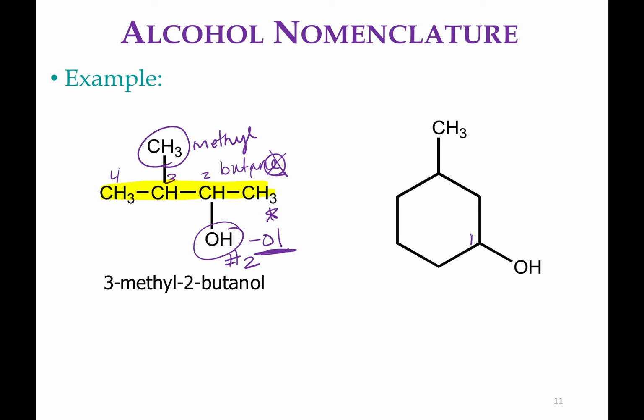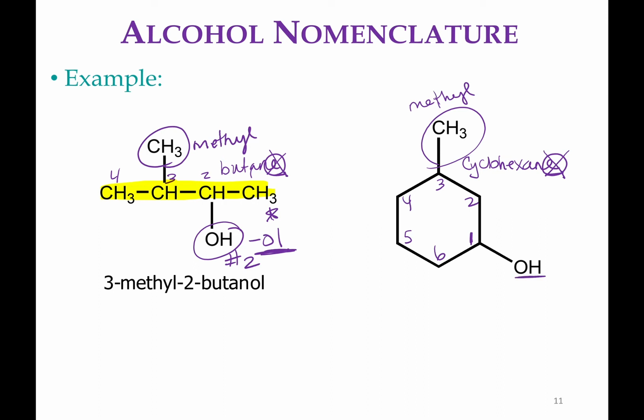Remember, we said the alcohol is always number 1, 2, 3, 4, 5, 6. So we have a cyclohexane. We're going to take that E and drop it. We have a methyl here. And our alcohol is at number 1.